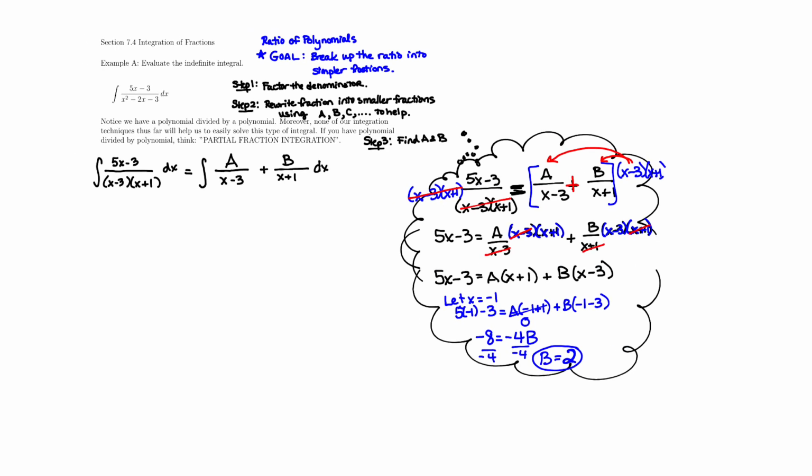Let's see. So let me do the other side. Now I think I'm going to let x equal 3. And then I have 5 times 3. I'm putting 3 everywhere I see an x in my equation.